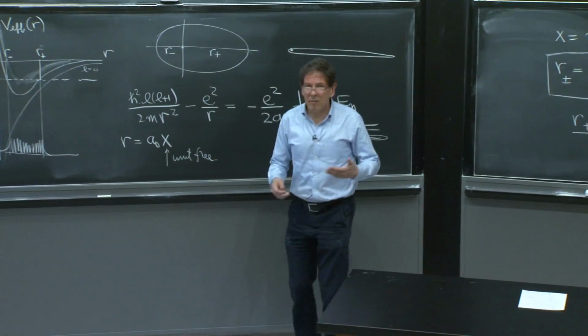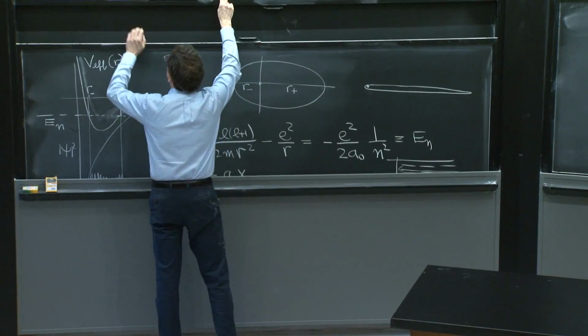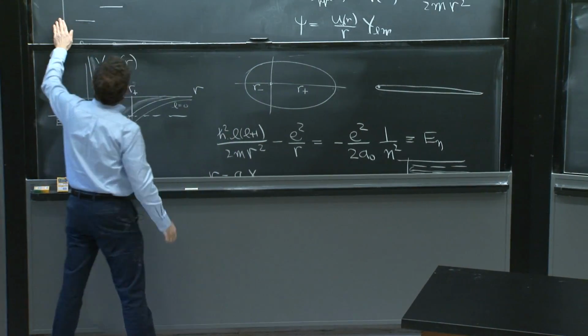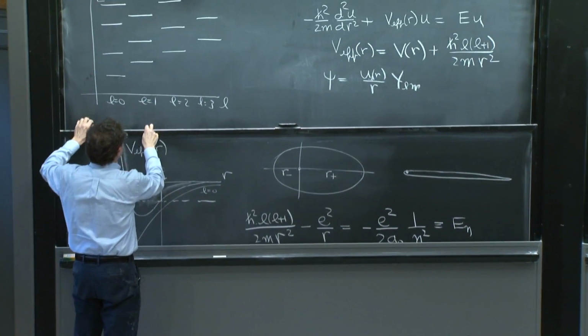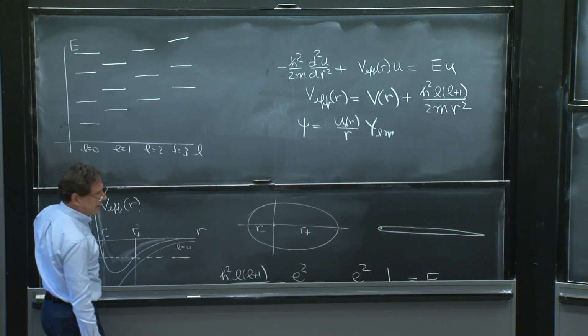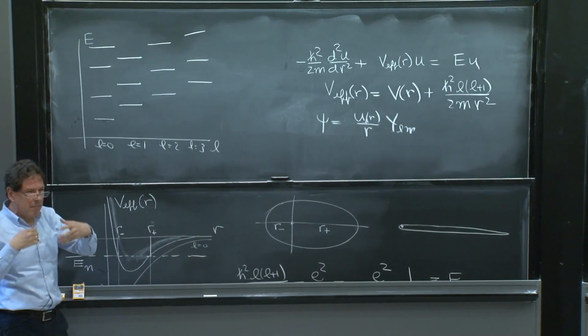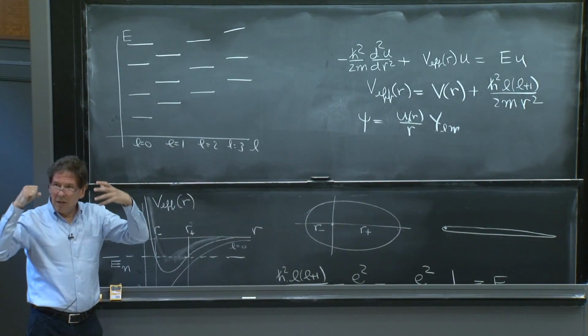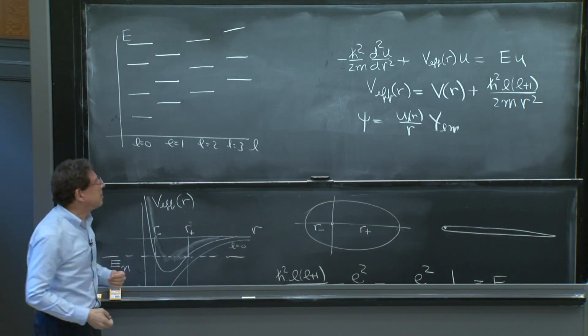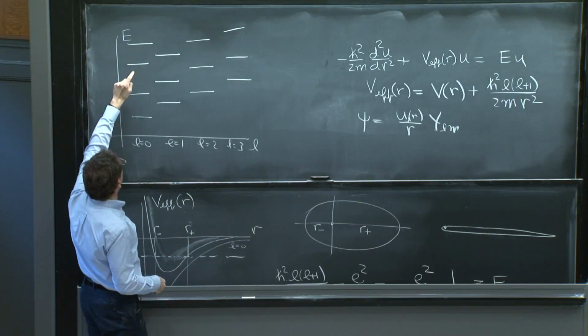Now, these degeneracies, I want to just finish up by emphasizing what you have here. When somebody asks, what is the number of states you have here? Well, you have to be a little precise on what you're counting. The number of full physical states of the quantum system is 1 here, 1 here, 1 here.